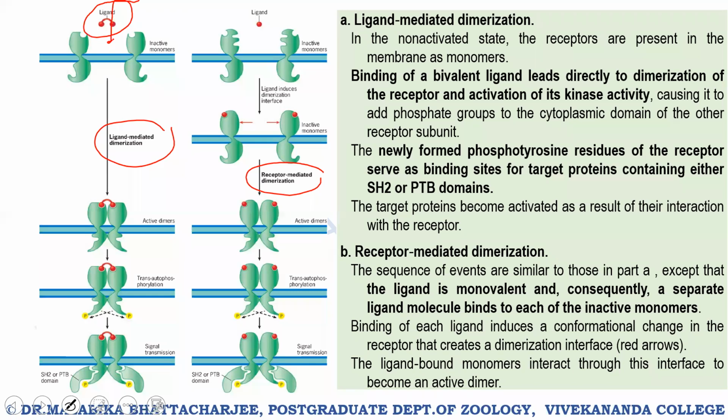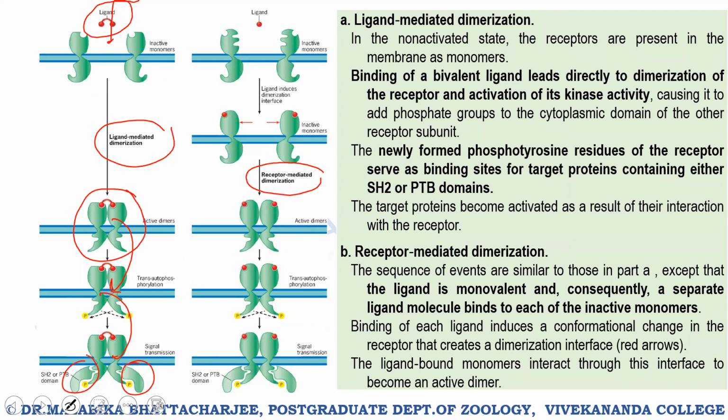As it moves towards the plasma membrane, it induces the receptor monomers to come in close proximity to each other and to bind with the ligand. So ligand-induced dimerization has occurred, resulting in trans-autophosphorylation of the receptors, followed by further binding of the associated signaling molecules.